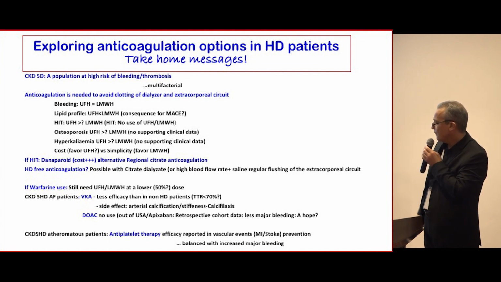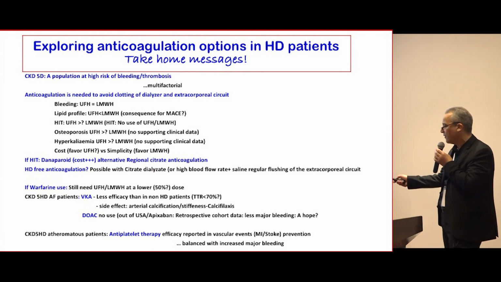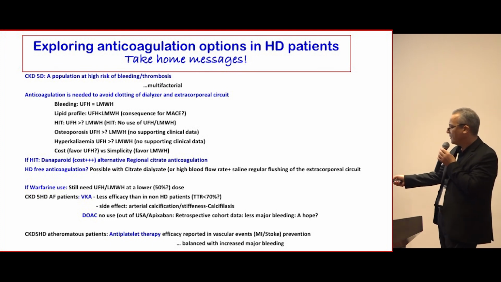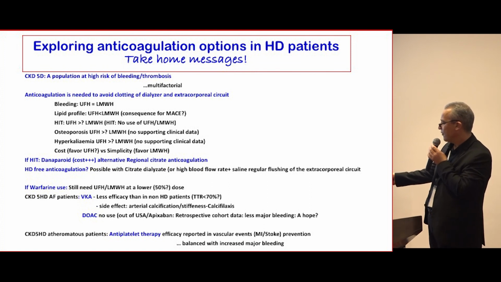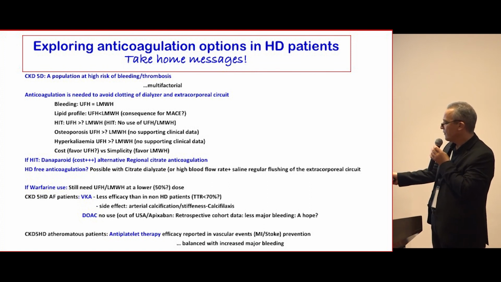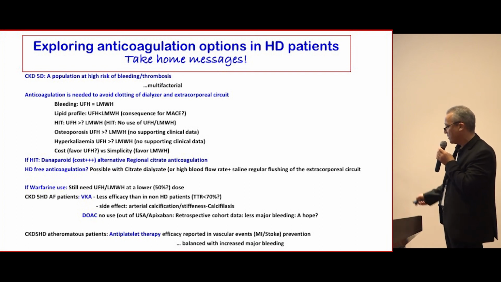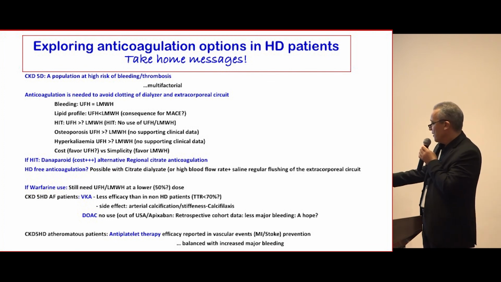Otherwise, if warfarin was used, it still needs the use of heparin at a lower dose, maybe 50% of the dose. For the CKD 5D hemodialysis atrial fibrillation patient, the use of antivitamin K is less effective than in non-hemodialysis patients. Maybe we have to look at the time in therapeutic range, which should be more than 70%.